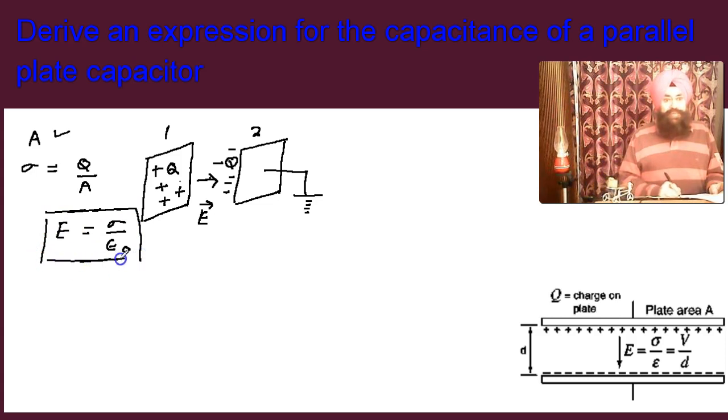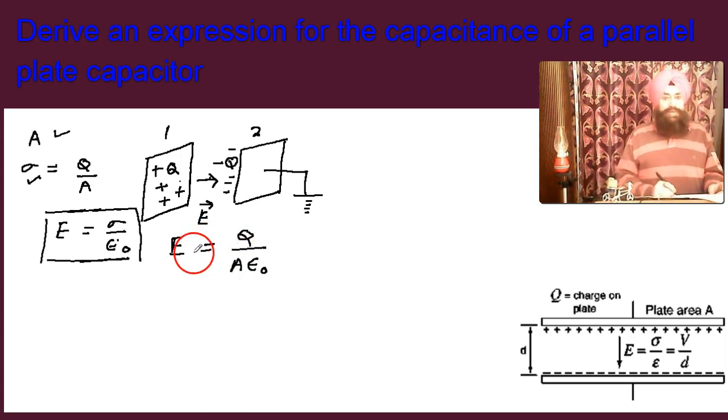You just watch my previous videos for the calculation of electric field between the two charged plates, positive and negative. You will find that expression there. Now substituting the value of sigma here, E becomes equal to Q upon A epsilon naught.